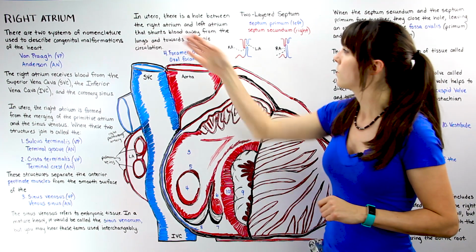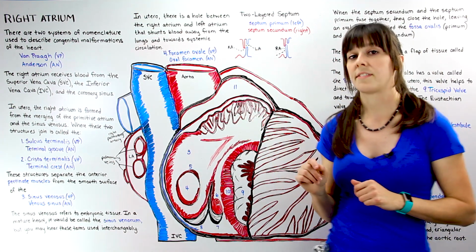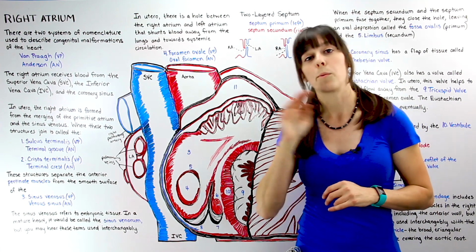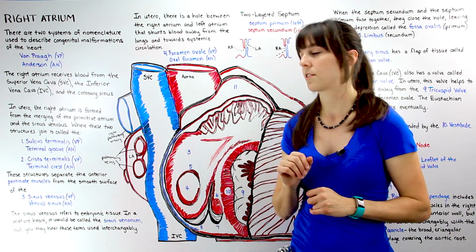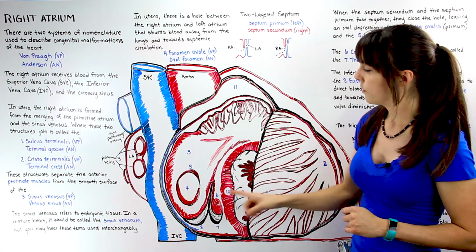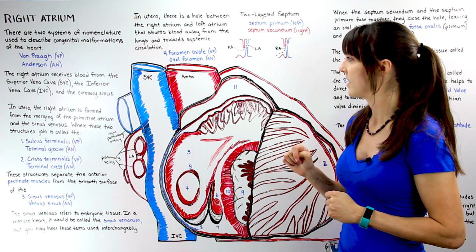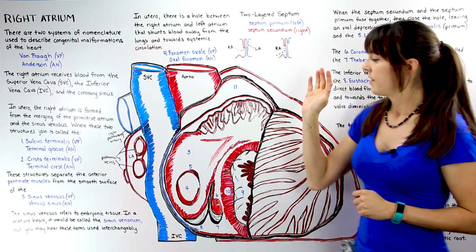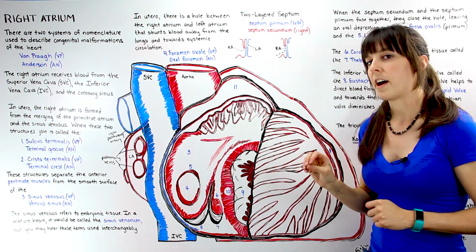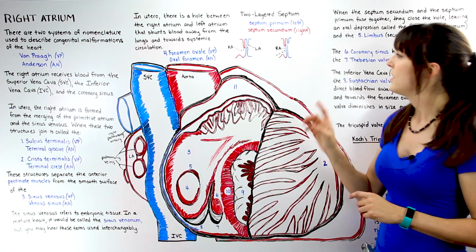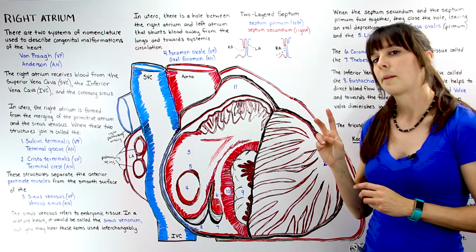Now, in utero, there is a hole between the right and the left atrium that shunts blood away from the lungs and towards systemic circulation. And that hole is called the foramen ovale, the fourth structure we'll discuss today. The thing to note about the foramen ovale is that this hole is formed from the two-layered septum.